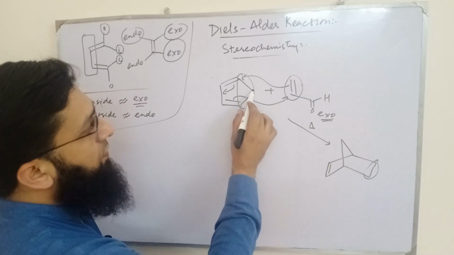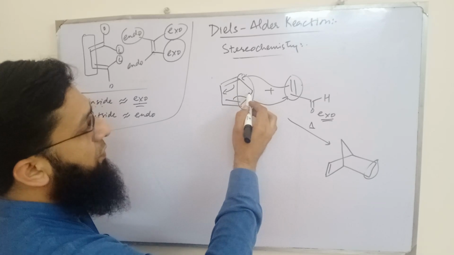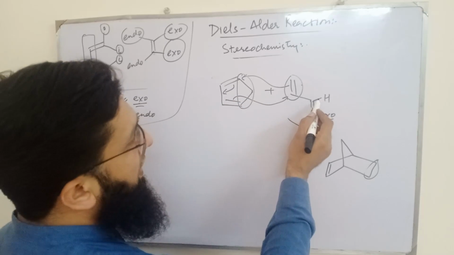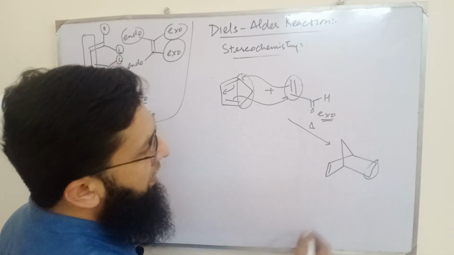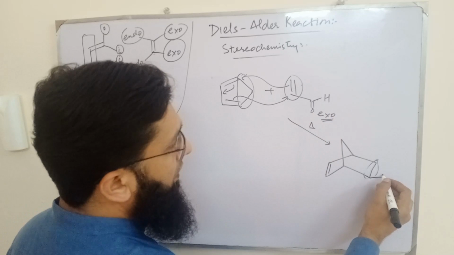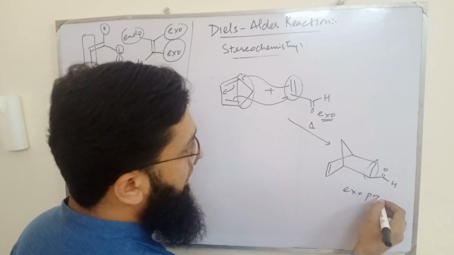So inside this bridge is towards the inside of the molecule or diene, and it has the same stereochemistry just like this exo substituent, so it would also come above. This is the exo product.